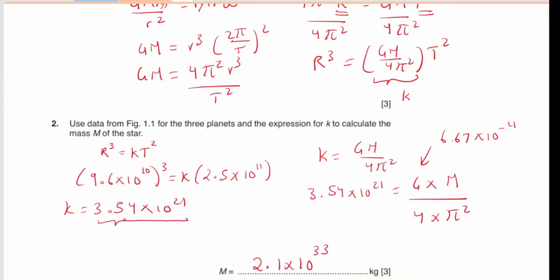When you get the value for k, you can use our expression for k, that k was equal to GM over 4 pi squared, to get the mass, because they say to calculate the mass M of the star, right? So we have our k, you have your gravitational constant, which is 6.67 times 10 power negative 11. Mass is what you are finding, and we know what pi is. So when you plug this in and you calculate the value for M, you should get 2.1 times 10 power 33 kg. And that's it for question 2.